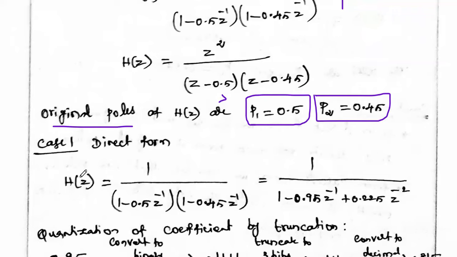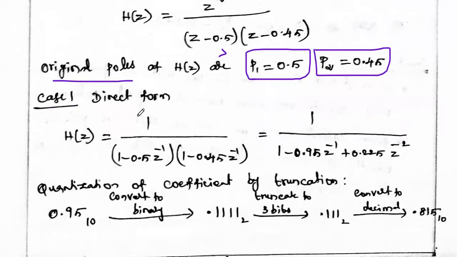Here we have to solve this problem in two methods. One is direct form, another one is cascade form. So in the first case, we are assuming we are realizing the second order filter in direct form. Already the realization of IIR filters we studied in the second unit, how to realize the given system function in direct form and cascade form.